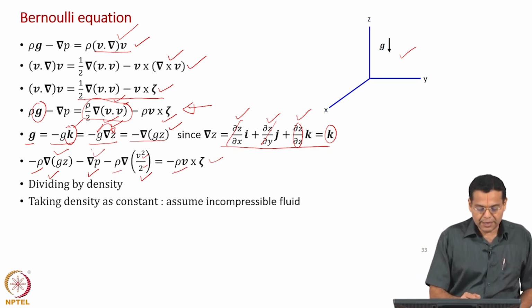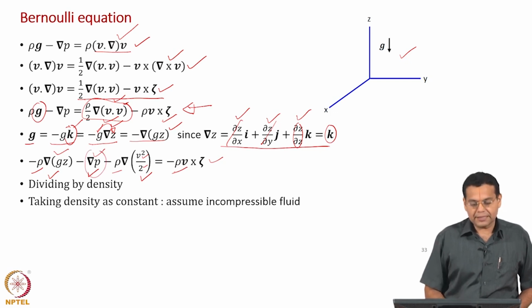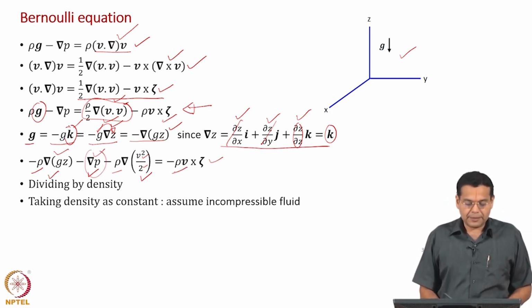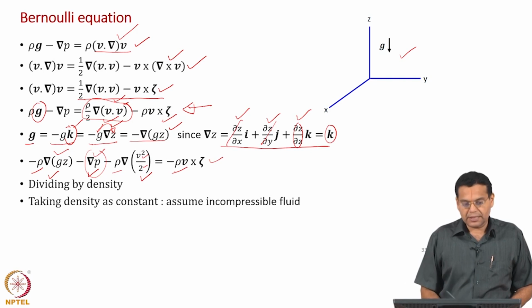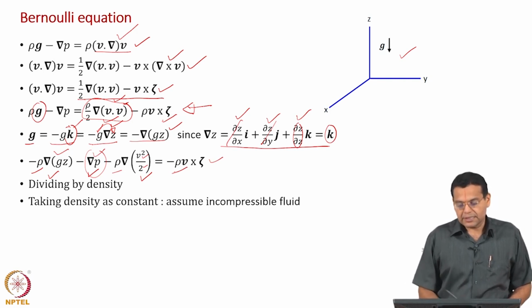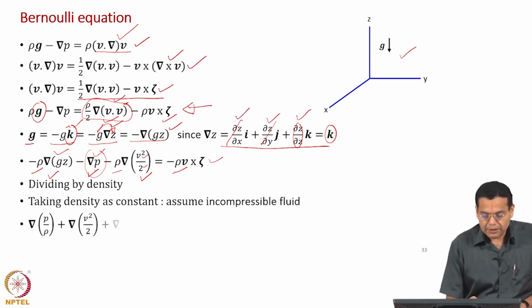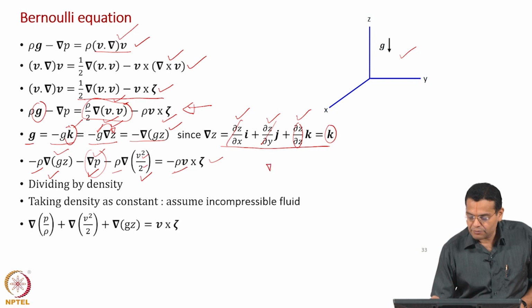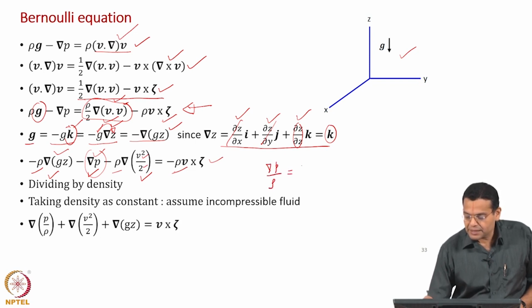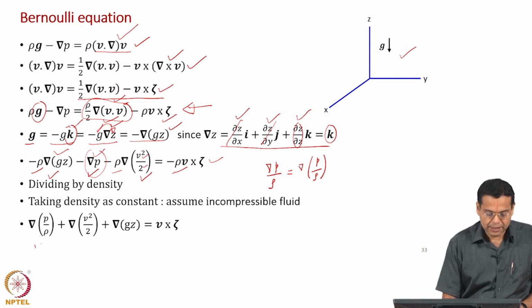But when I do this, I make another assumption that density is constant, which means that it is an incompressible fluid. So, I have gradient of p divided by rho, I assume density is a constant, so I bring the rho inside the gradient symbol, and that is what has been written here.